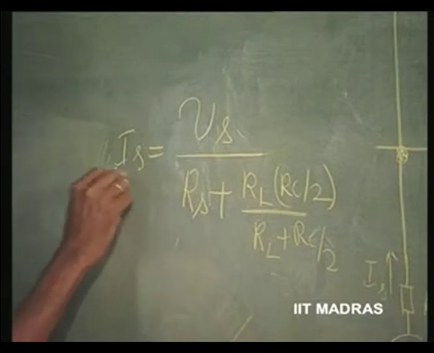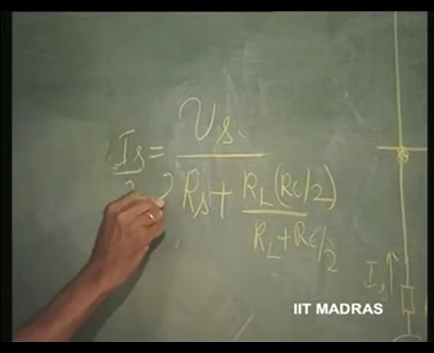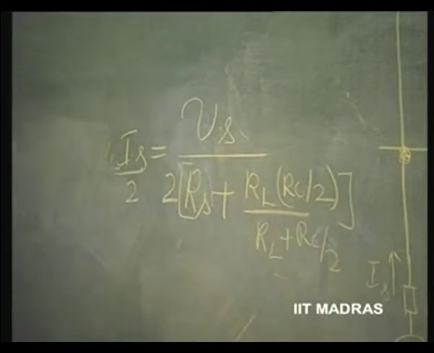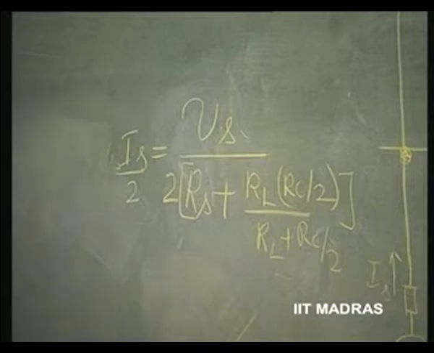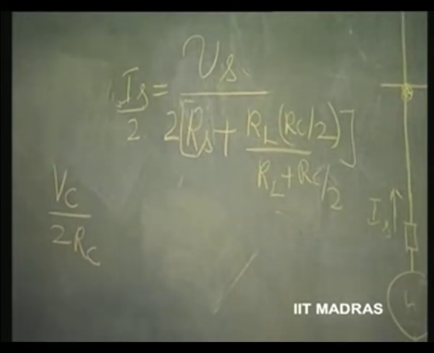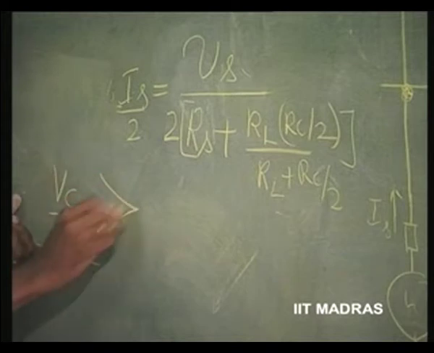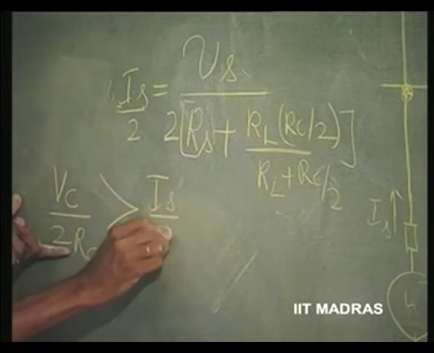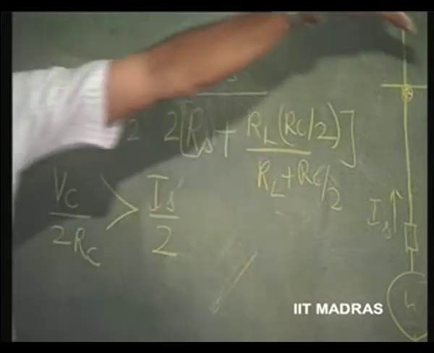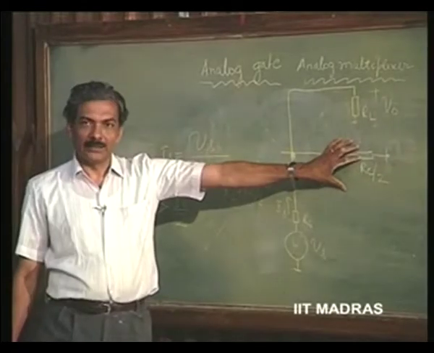So, Is by 2 is the current that is going to flow through the two diodes. In one of the diodes it is opposing, and the current in the diode is Vc by 2 Rc. It is therefore necessary that Vc by 2 Rc should be greater than Is divided by 2 at any time, in order that this circuit functions as depicted here.